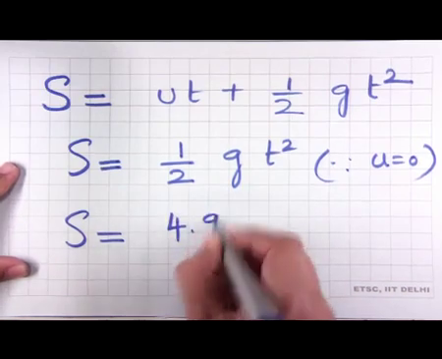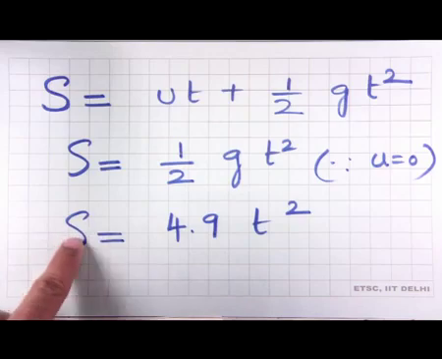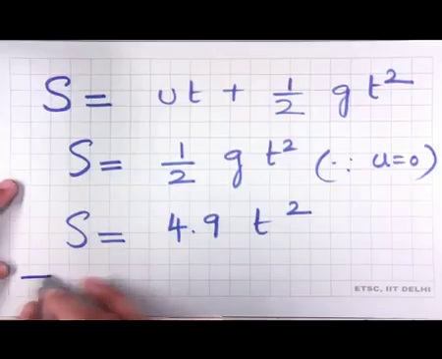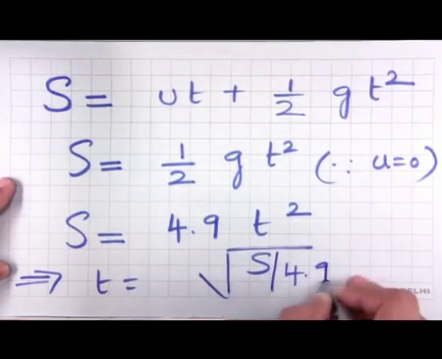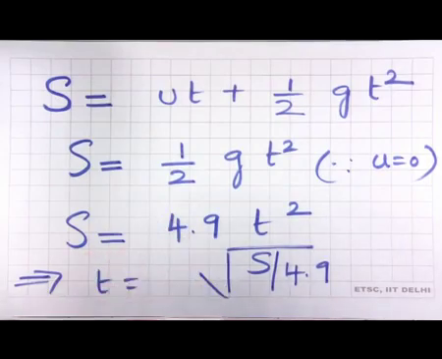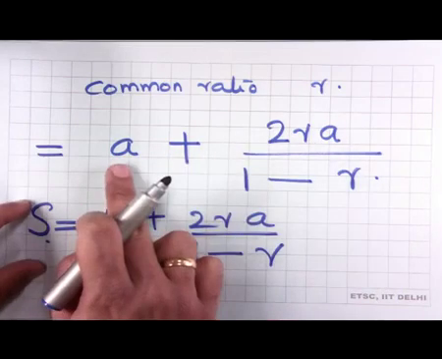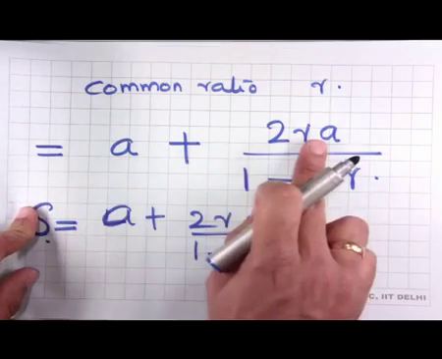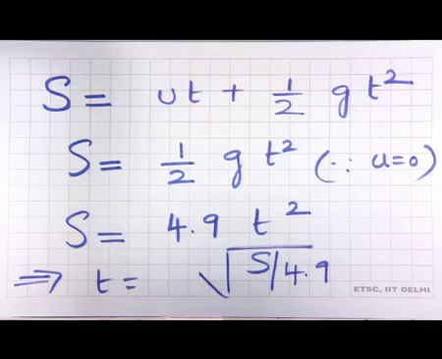This is 4.9 t square. So, once we know what is S, the total distance covered by the ball, we can isolate t as follows: t equal to square root of S by 4.9. In fact, to get a value for S, we need a and r. Second part of the question tells you a equal to 4 meters, r is not given. So, we will get t in terms of r.